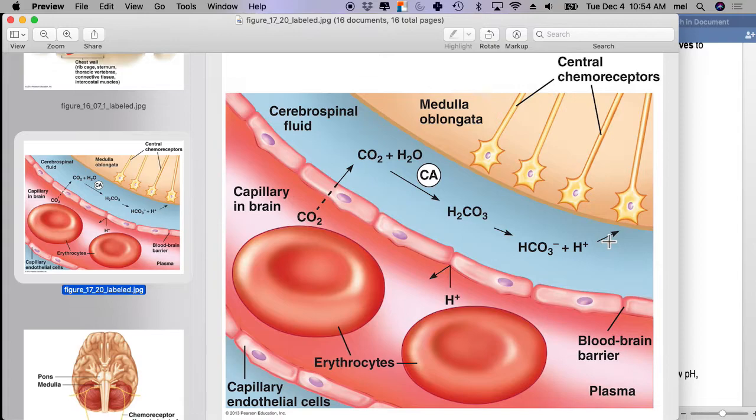So your brain has almost zero buffering capacity in the cerebrospinal fluid. So if you impact the pH of the brain, you are going to breathe regardless of what you want to do, right? Okay, but please note that this doesn't mean that the pH of the bloodstream actually diffuses into the brain, right? Because the H plus is not going to diffuse into the brain. The blood-brain barrier will be able to prevent that. It's an ion.